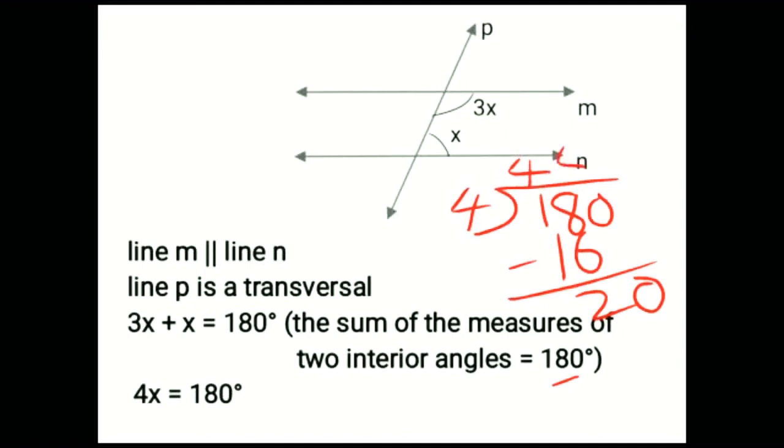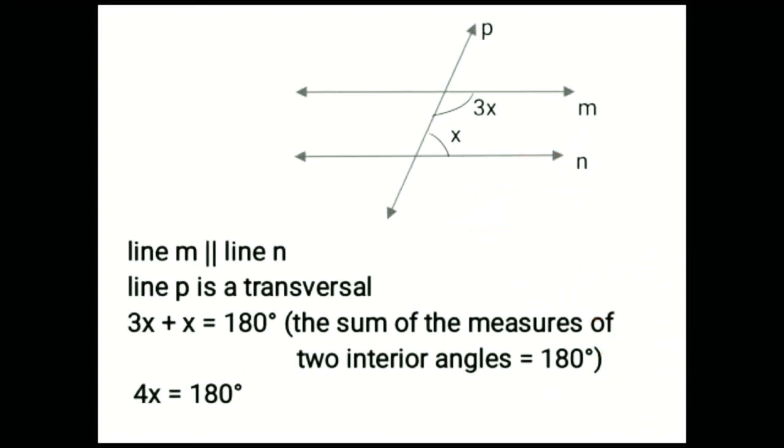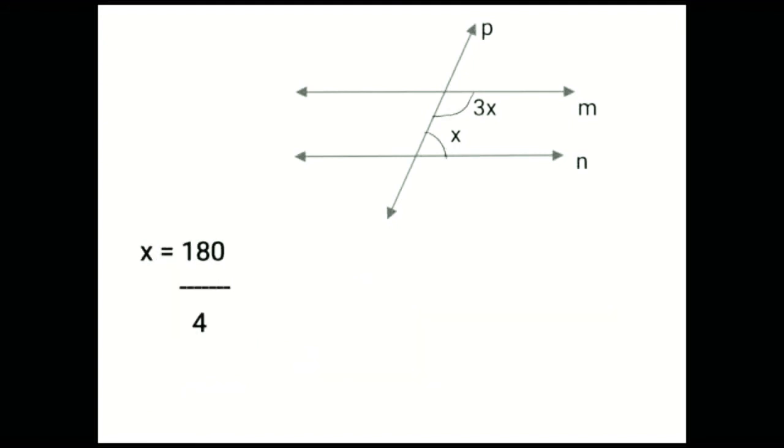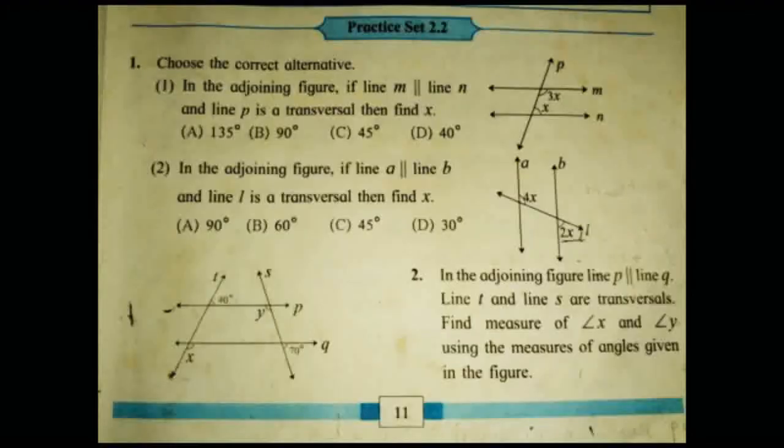Then 4 fives are 20. So I am getting quotient 45. So 45 is the correct answer. So x is equal to 180 by 4. X is equal to 45 degree. So option C is the correct answer. Okay.